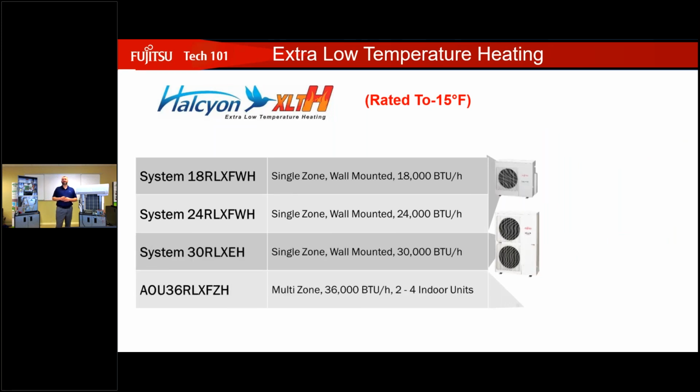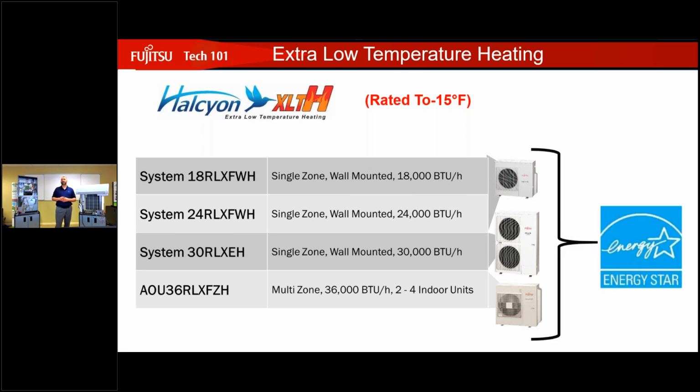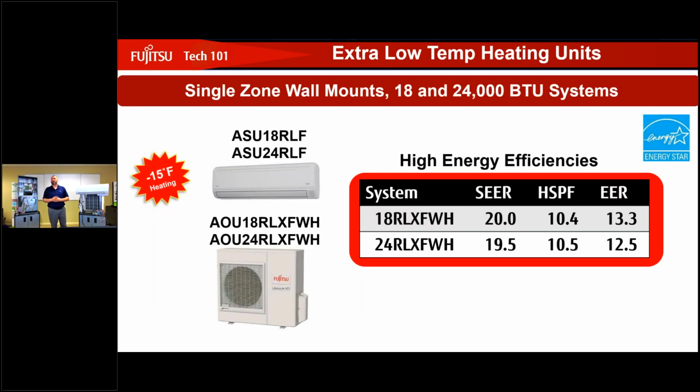So we have our single zone systems, 18, 24, and 30. And then our multi-zone systems as well, 2 to 4 indoor units, all available for XLTH, -15 heating capacity. Those are all Energy Star units as well. Here you can see the 18 and the 24 Energy Star, above 18 SEER, above 10 HSPF.